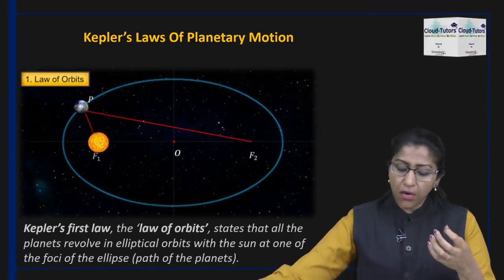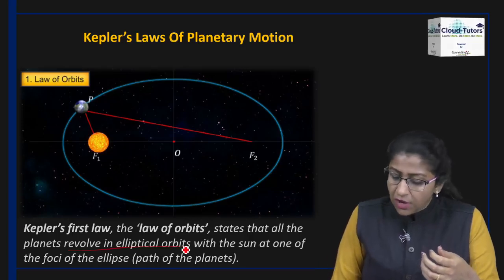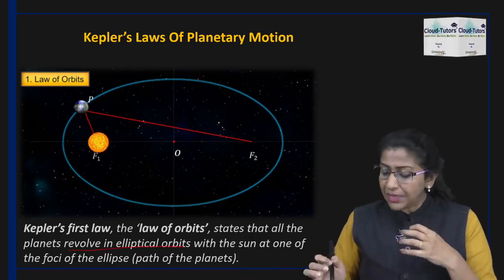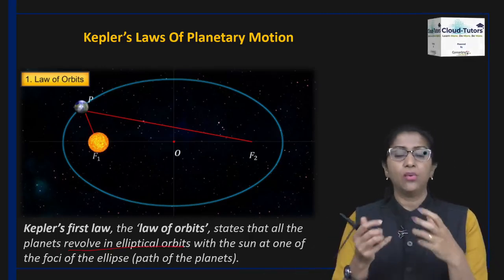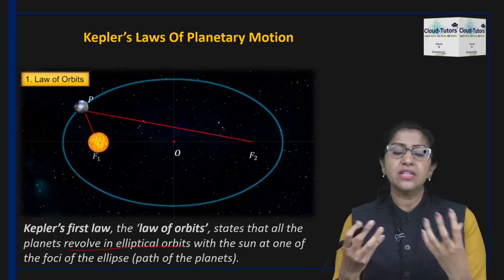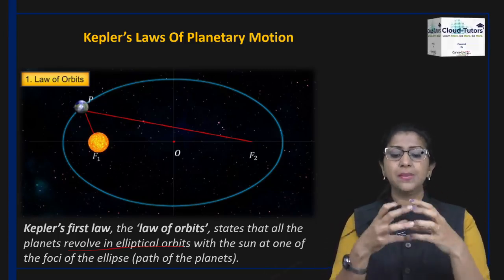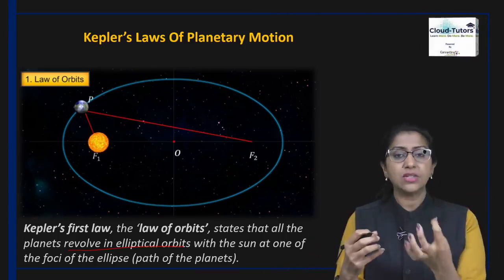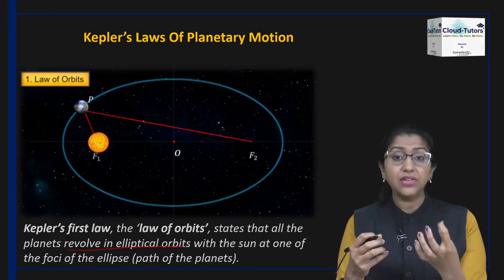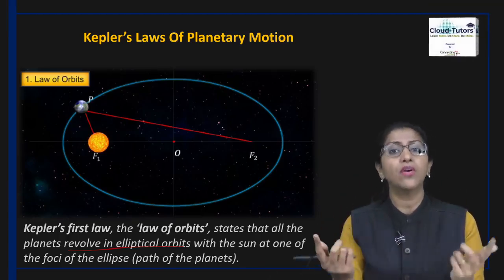The first one, the law of orbits, states that all the planets revolve around the sun in elliptical orbits, with the sun at one of the foci. For all of us, we know that an ellipse cannot have one center, because an ellipse is like an elongated circle, correct? So it cannot have one single point as its center, but it has two foci, foci being the plural of focus.